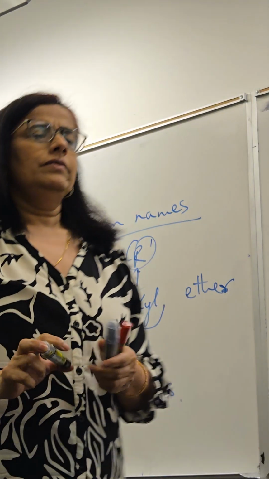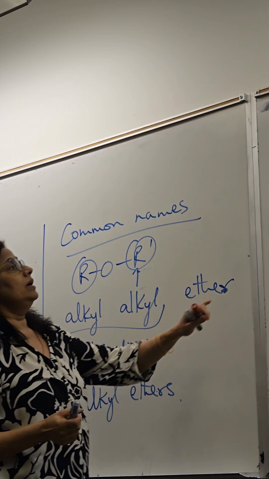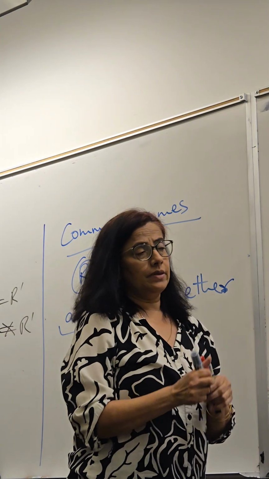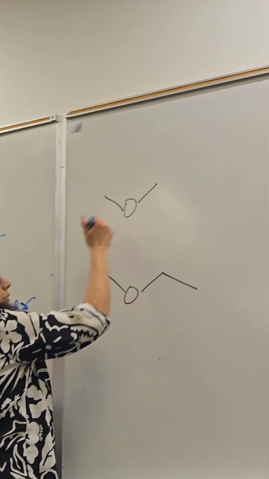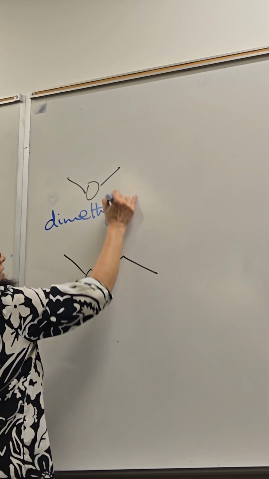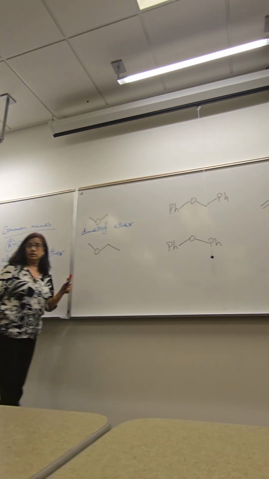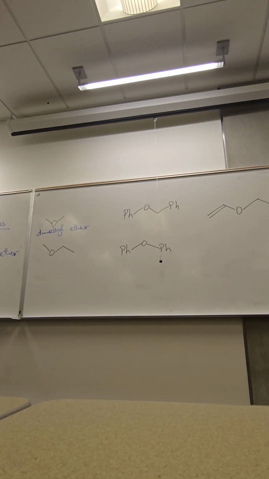So, common names, not IUPAC yet. What would be the common name for this ether? Dimethyl ether. Do you all agree? Because it's a symmetrical ether, the two R's are methyls, hence dimethyl, and then followed by the word ether. Yeah. How about the next one?